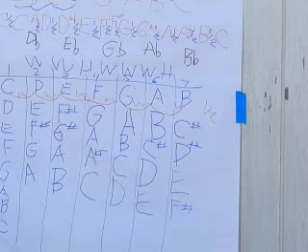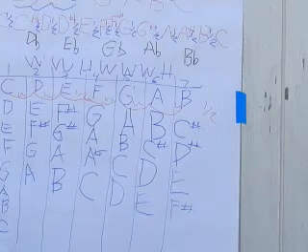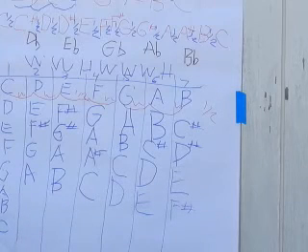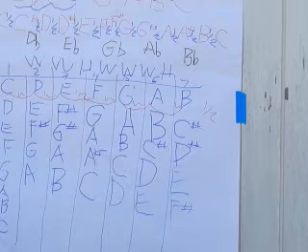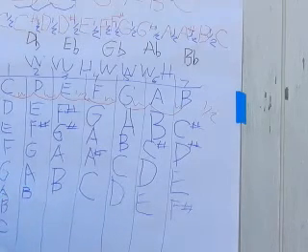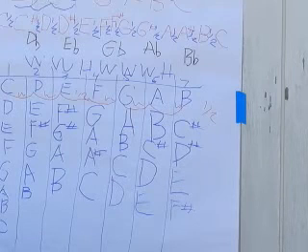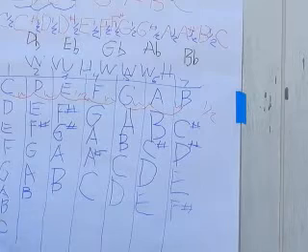Okay, we've got 3 more keys to go, and 15 minutes left of recording time. Okay, so A, when you're starting at A, your whole step up would be A sharp, B. Whole step up again from B, don't have a B sharp, so it's B, C, C sharp.